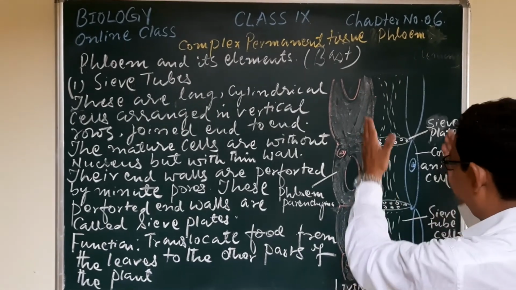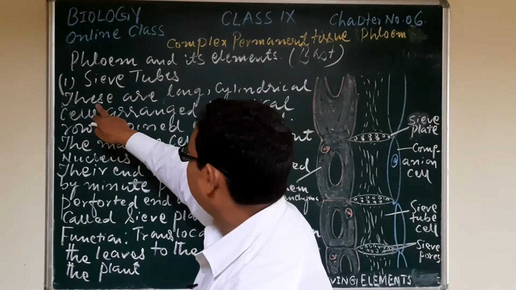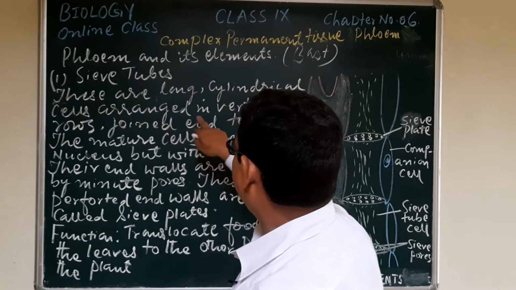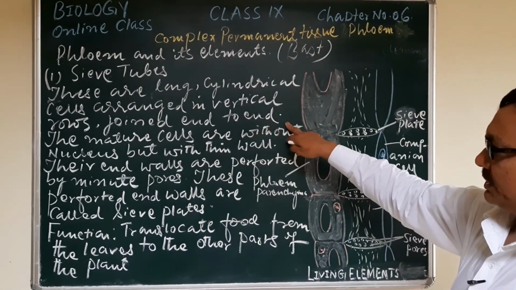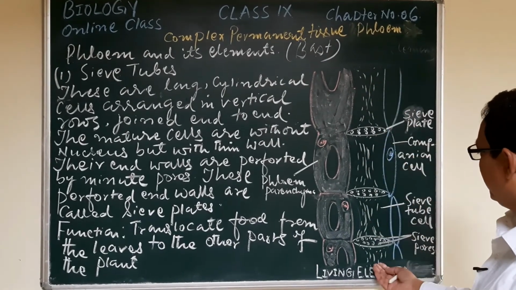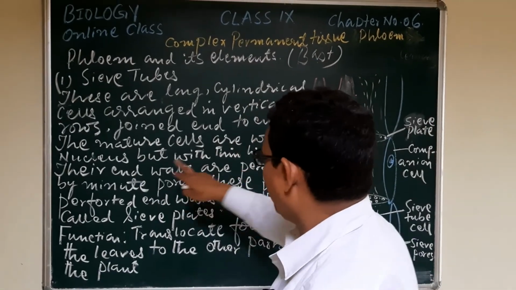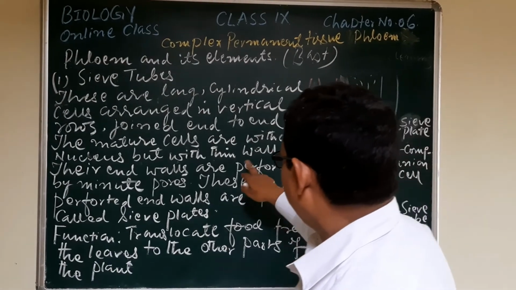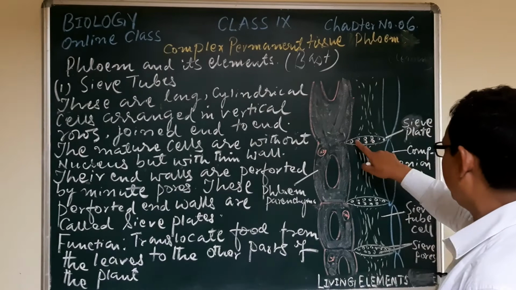Of these 3 living cells, the first one is discussed here. These are long cylindrical cells arranged in vertical rows, joined end to end. The mature cells have no nucleus, and the cell wall is thin. Their end walls are perforated by minute pores.